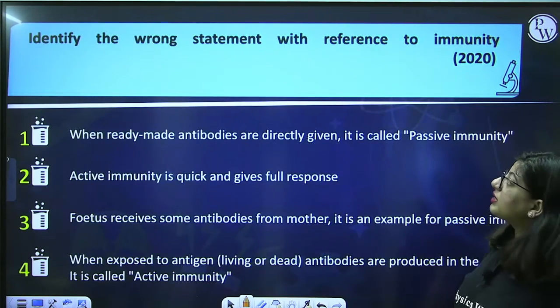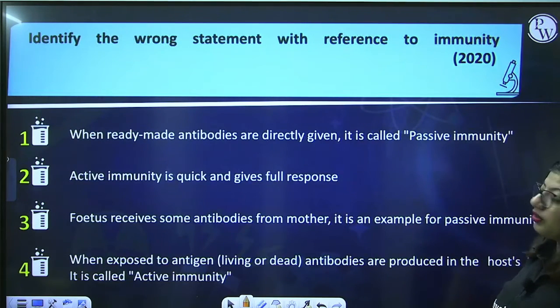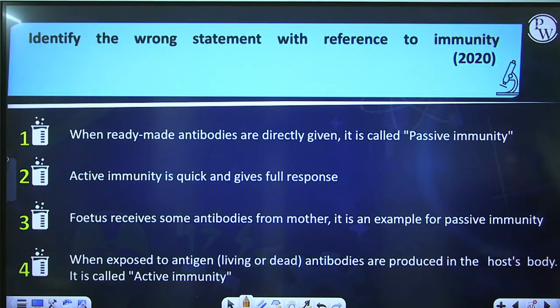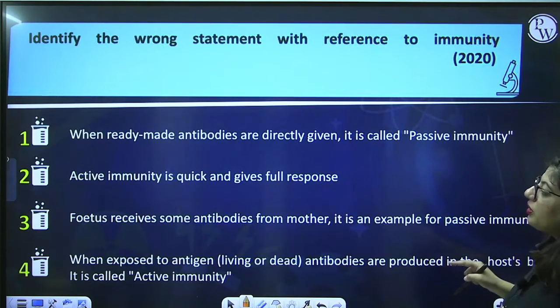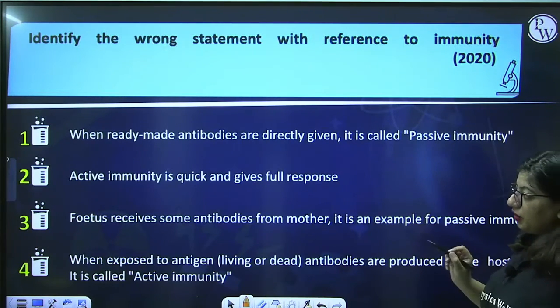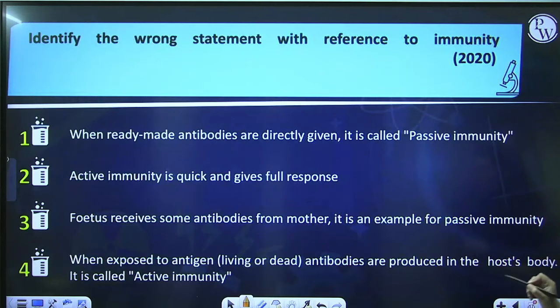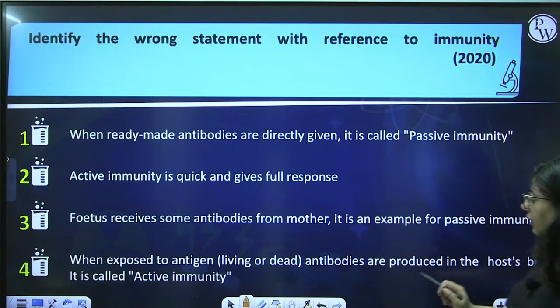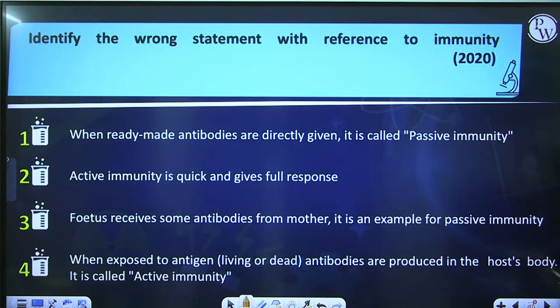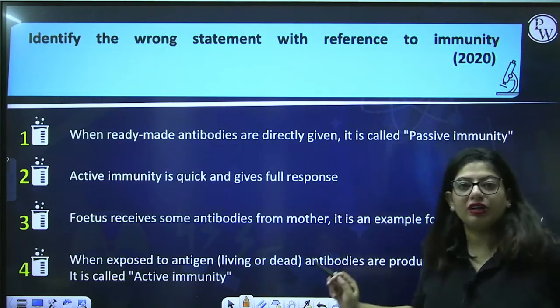Next, identify the wrong statement with reference to immunity. When ready-made antibodies are directly given, it is called passive immunity. You have to find the wrong one. Active immunity is quick and gives full response. Fetus receives some antibody from mother, it is an example of passive immunity. When exposed to antigen, antibodies are produced in the host body, it is called active immunity.